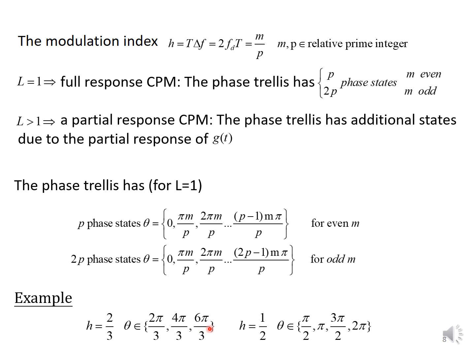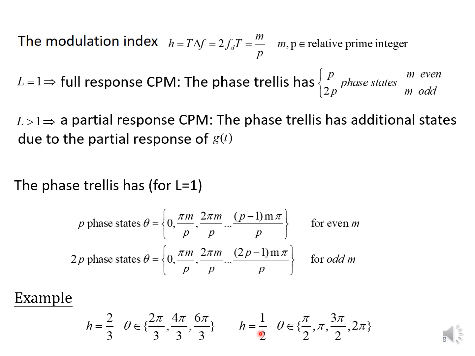Then we have 2 pi, and then we have a cycle. So we have a total of 3 phase states.